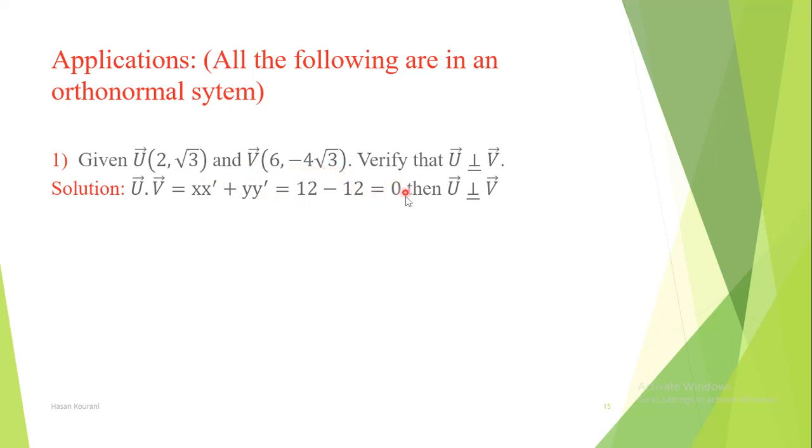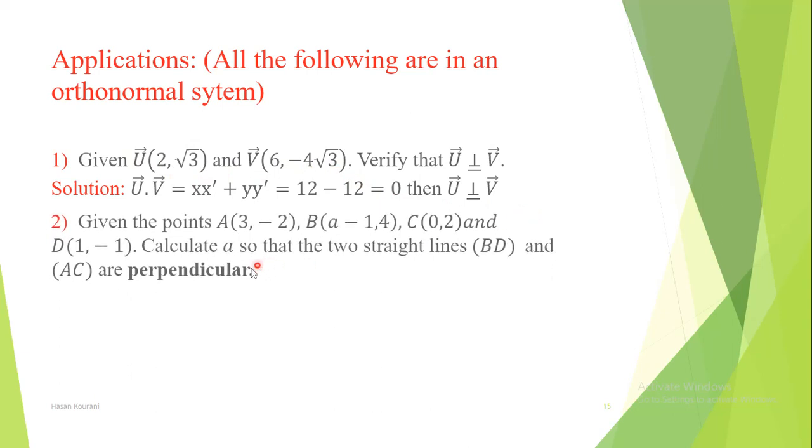As a result, we got 0. Since u dot v is 0, this means that u is orthogonal to v, and the geometric angle between them is 90, although we don't have the graphical representation of u and v. And we have no need to draw them or place them in an orthogonal system.